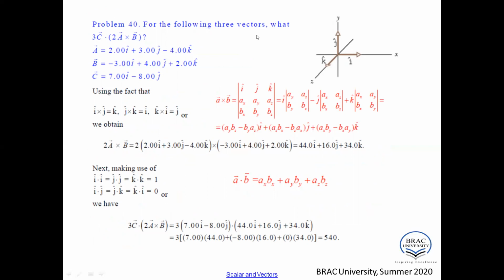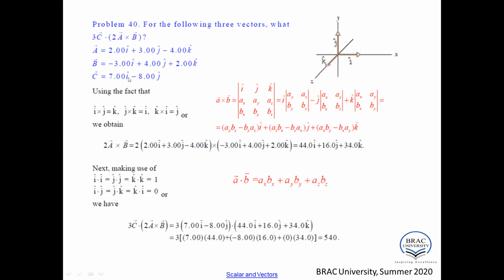So here is a particular problem. For the following three vectors, vector A equals 2i plus 3j minus 4k, vector B equals minus 3i plus 4j plus 2k, and vector C equals 7i minus 8j. Find 3C dot 2 vector A cross vector B. In case of a scalar multiplied with a vector, we just multiply the number with the individual components.